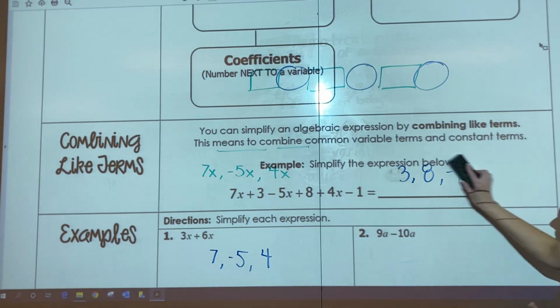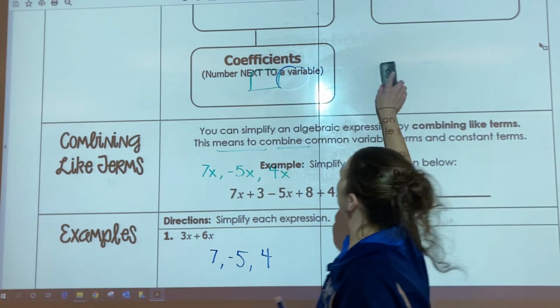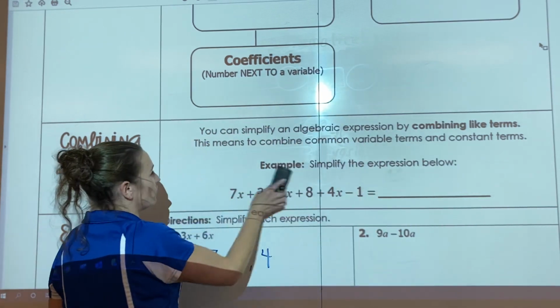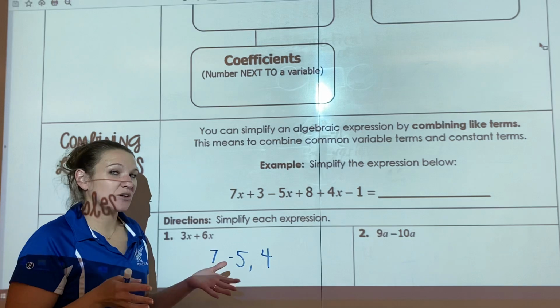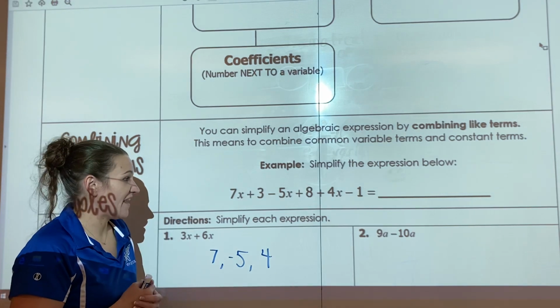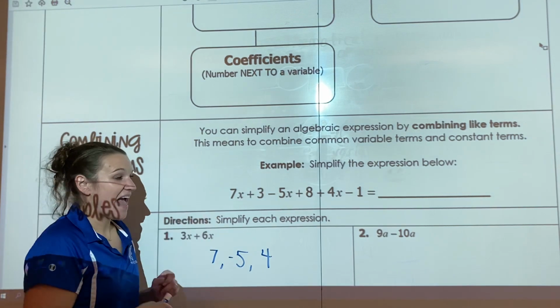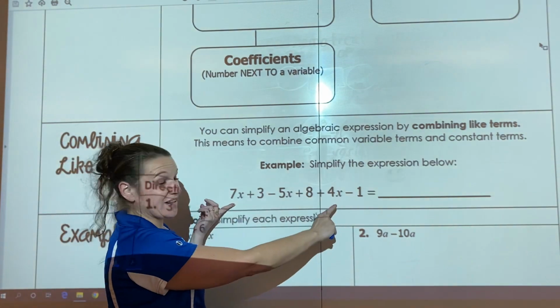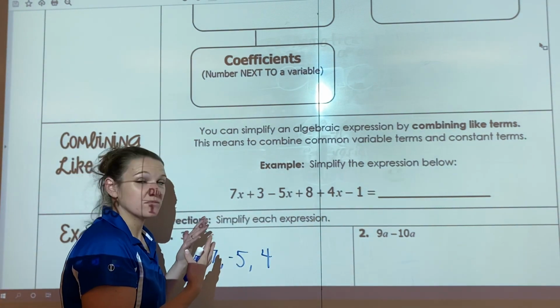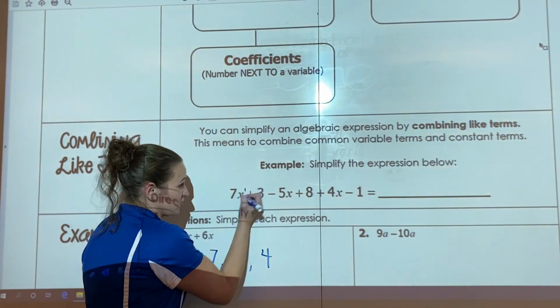So next we will be combining like terms. Like terms. I know you've heard of this before. In order to combine like terms, we need variables that have the same letter and exponent. As you can see, none of our variables here, our variables are the x's, have an exponent on them, so we know that it's actually just x to the first power.